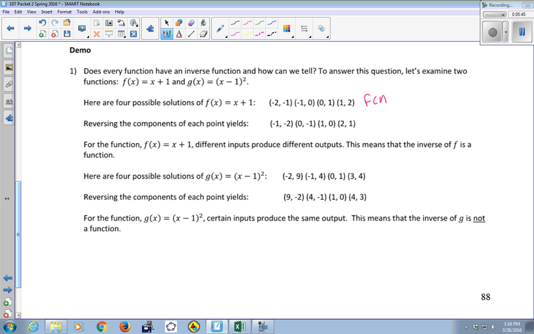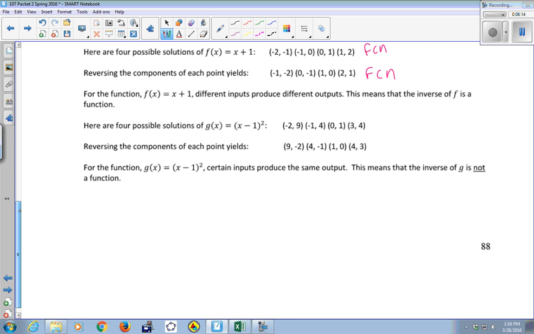Is the inverse a function? According to these 4 points? Yes, each x goes to exactly 1 y, so this is also a function. So it looks like for x plus 1, different inputs produce different outputs. The inverse of f is also a function. FCN is my abbreviation for function.